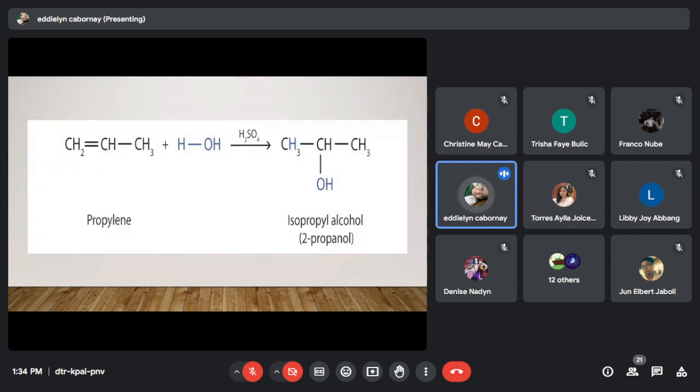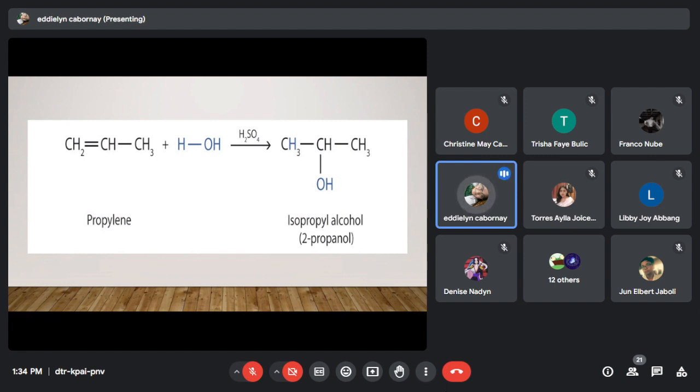Okay. So since isopropyl alcohol is prepared through sulfuric acid catalyzed hydration of propylene, that's why sulfuric acid is present there. The conversion of propylene to isopropyl alcohol involves the addition of water.